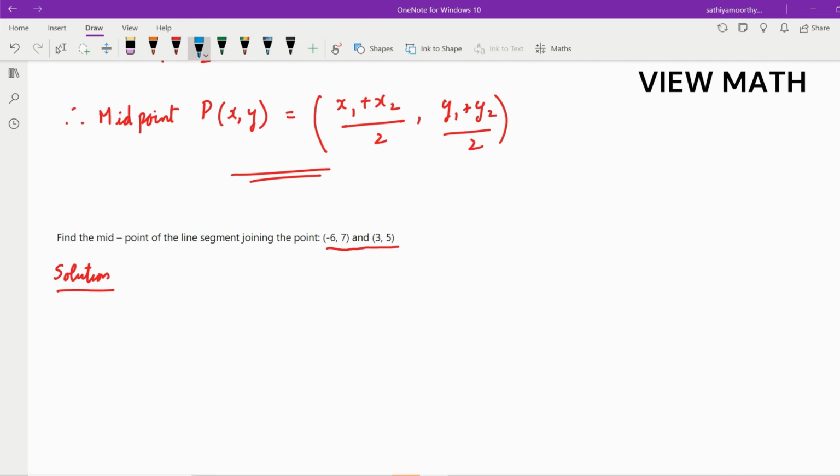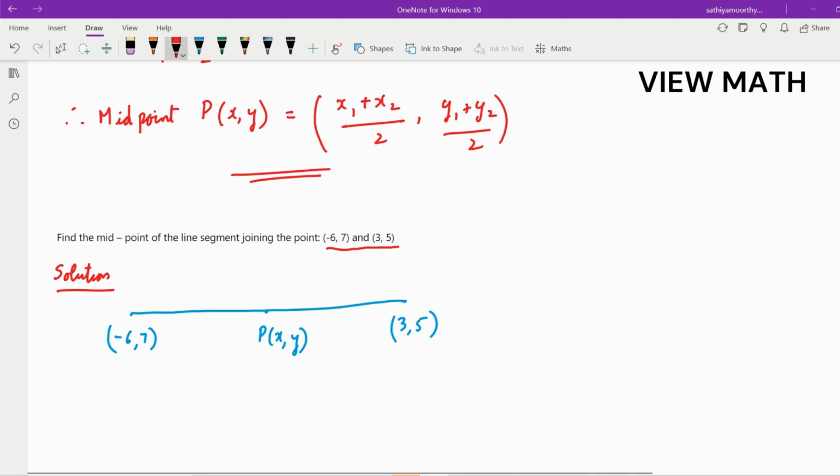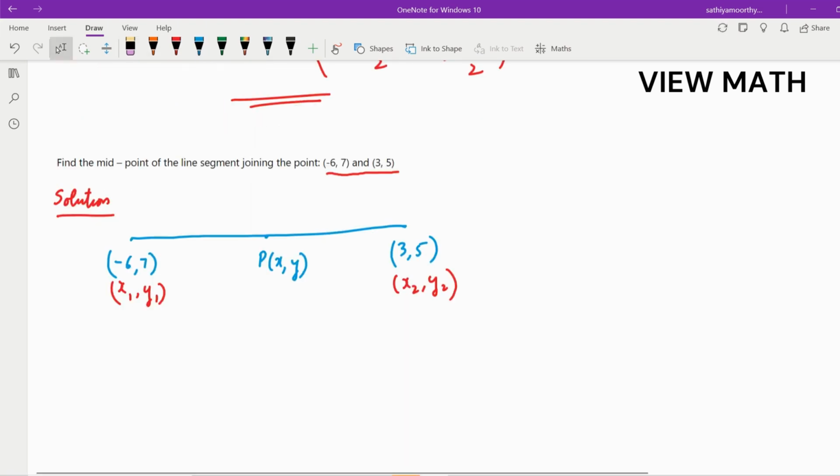Here the two points are, if I take a line, this is the point (-6, 7) and this is the point (3, 5). They are asking us to find the midpoint P, which is (x, y). In this problem, this is my x1, y1 and this is x2, y2.